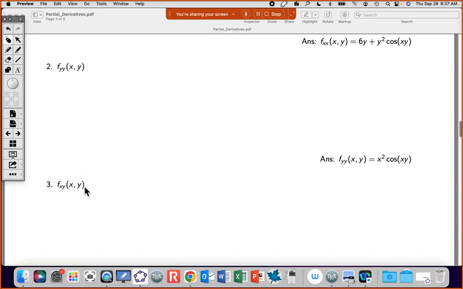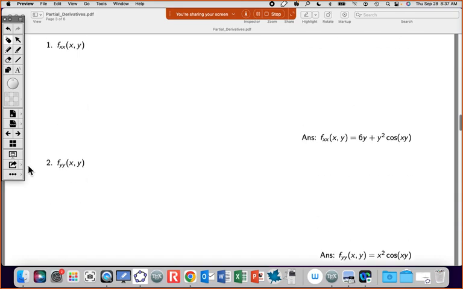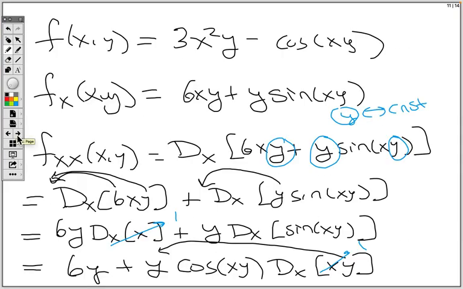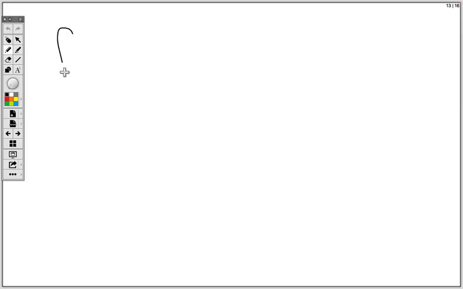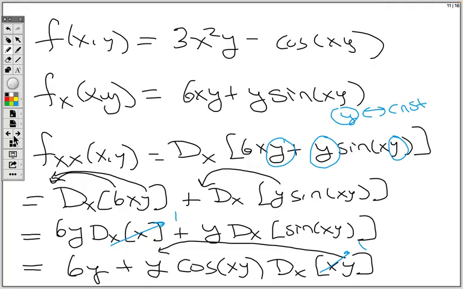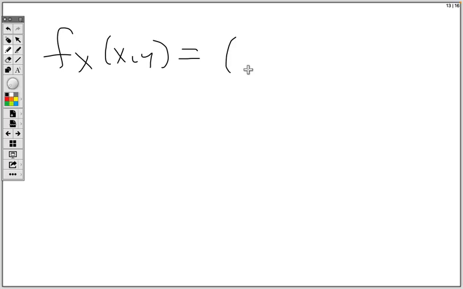So now we're going to skip down and do number 3, because number 3 is fxy. So we'll start with fx again: 6xy plus y sine xy.